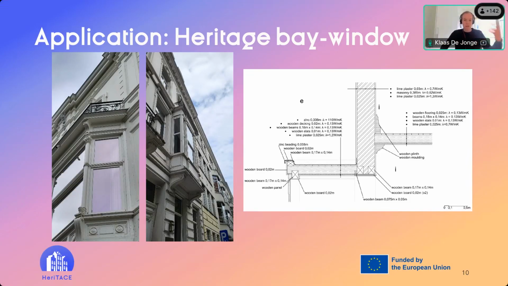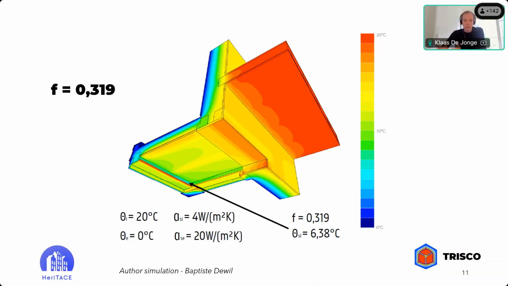So we looked at those bay windows and derived a technical detail of it, and then with existing software like Trisco, you can do a simulation to get the temperature factor of that thermal bridge.